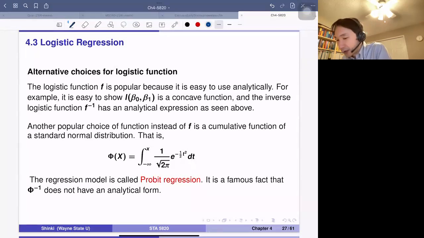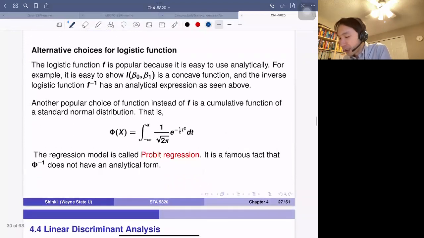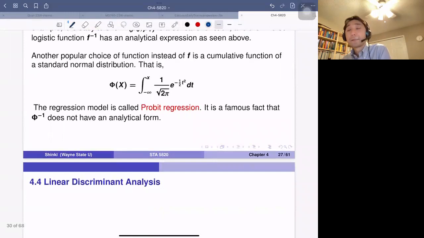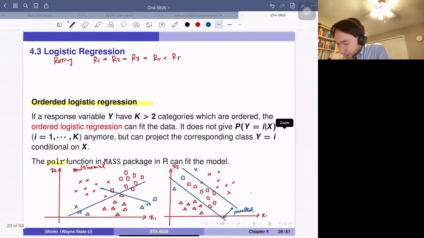So interpretation is one key to being used practically. With ordered logistic regression, there are fewer parameters, so it's good. Any questions so far?